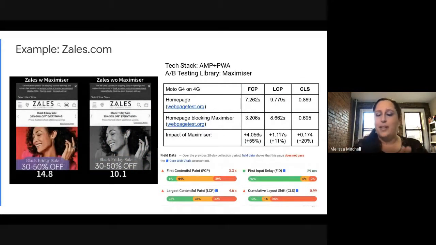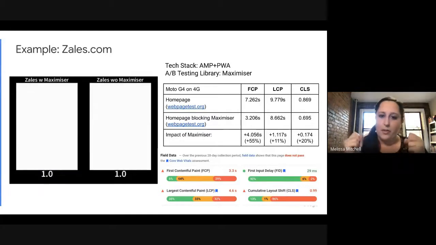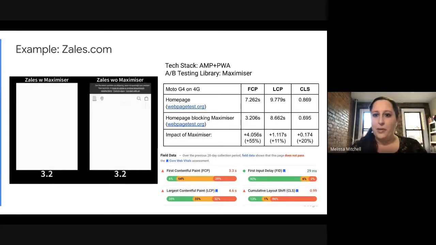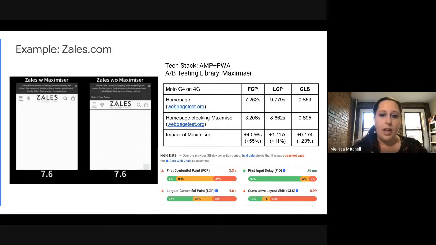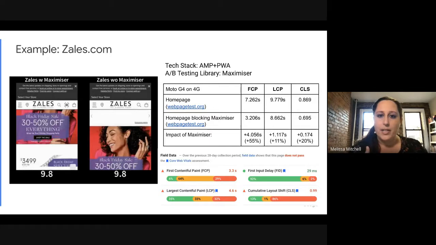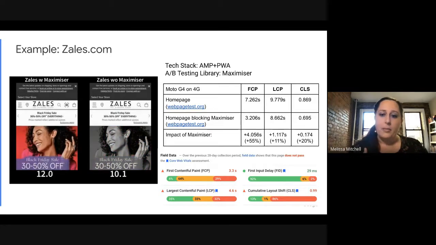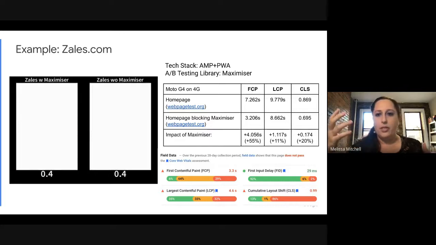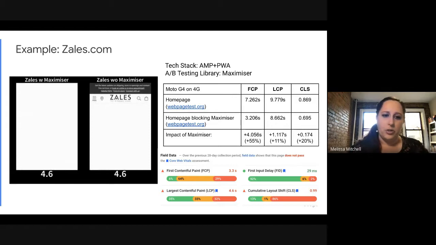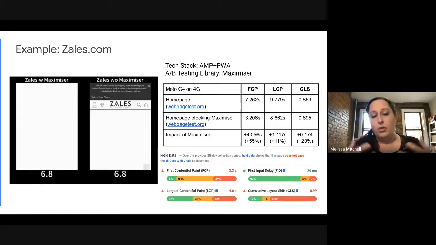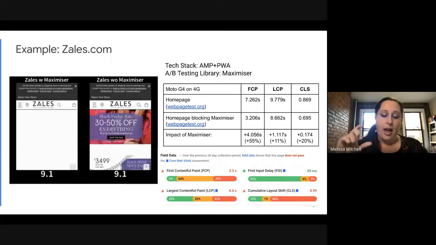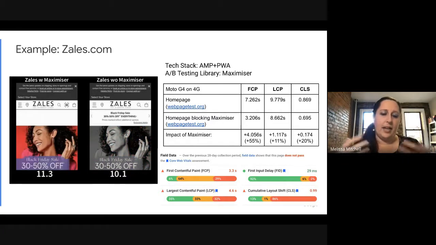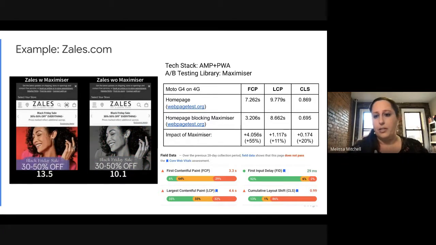I will speed through this a little bit since Tim gave a great explanation of what's going on here. Technically, as an example, Zales.com, they're using an A/B testing library, Maximizer. This is an AMP PWA, and this is a hard load, so we're having a hard load SPA without the AMP load into it. And so this is a little bit more janky than the real user experience, but it still stresses the point of how much an A/B testing library can actually affect the user experience.